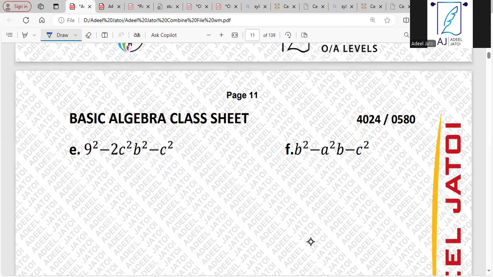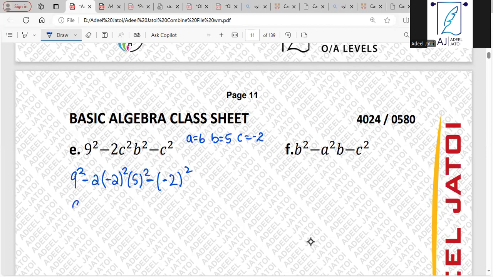So these are all the substituted values where we use the brackets. ब्रैकेट्स इंपॉर्टेंट है, अगर आप ब्रैकेट्स नहीं लिखेंगे तो बड़ा मसला हो जाएगा, ठीक है?